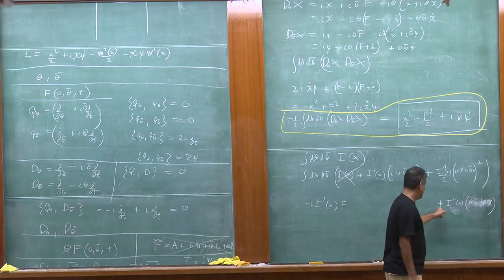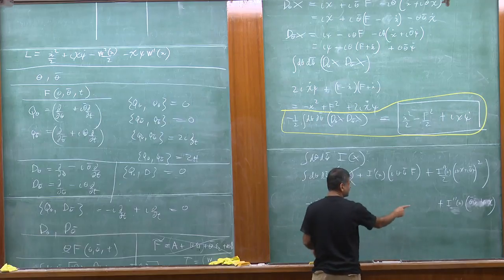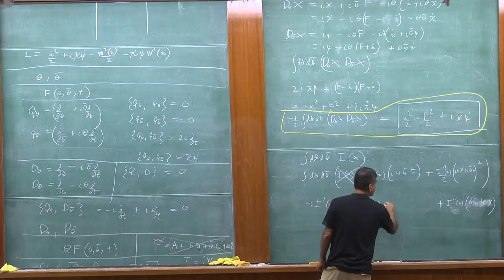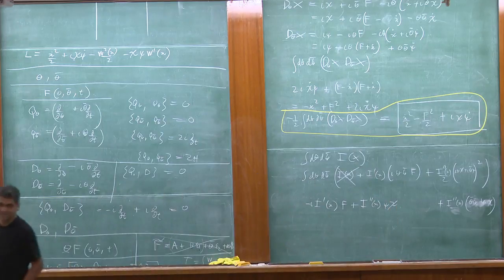Tell me if I've messed up on signs, please. So I will get, and then the integral just kills that theta bar theta. So I get plus I double prime of x psi chi. Do you agree?